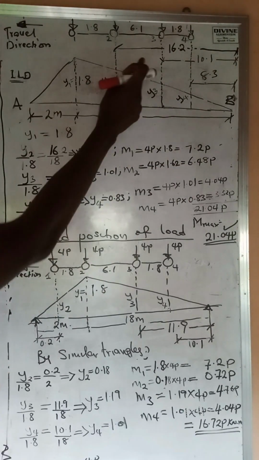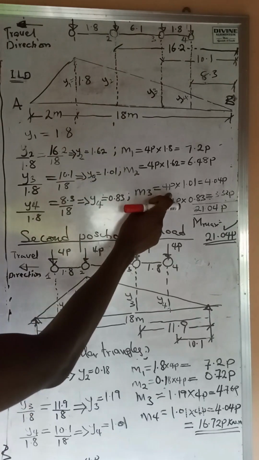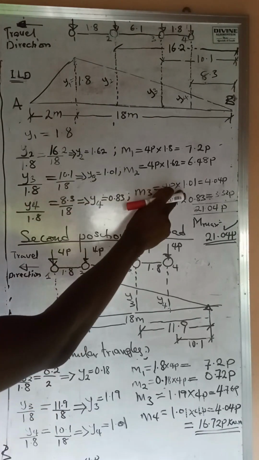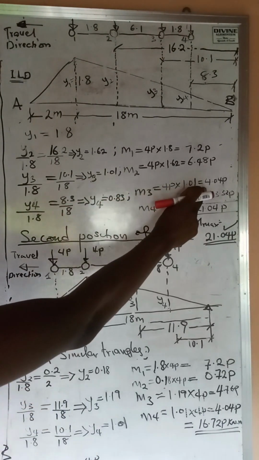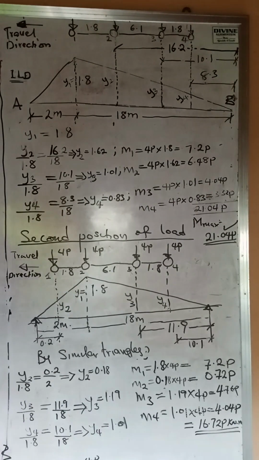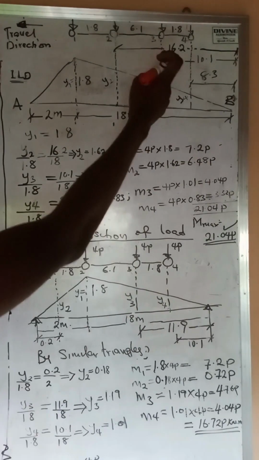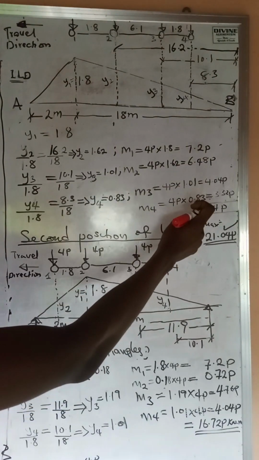The next one is moment at axle 3, which becomes 4p times the ordinate at axle 3. The ordinate is y3, and it's equal to 1.01, and that gives us 4.04p. The next one we have here is y4, which becomes moment due to the load at y4, which is this, times the ordinate at y4, which is 0.83.